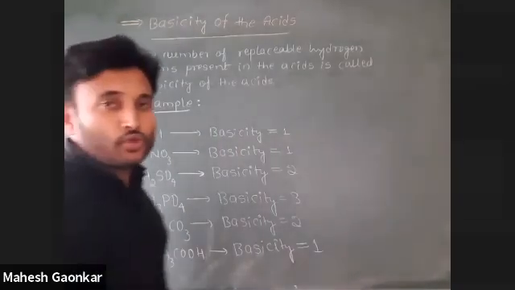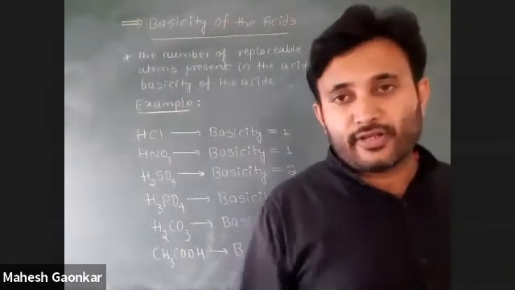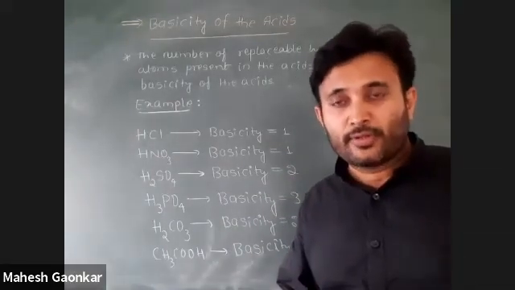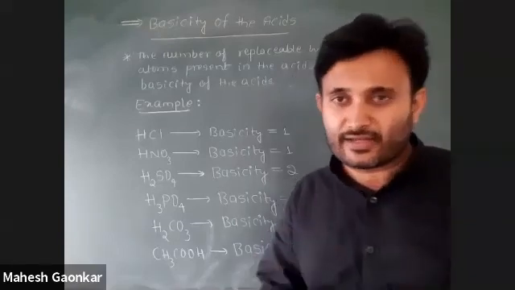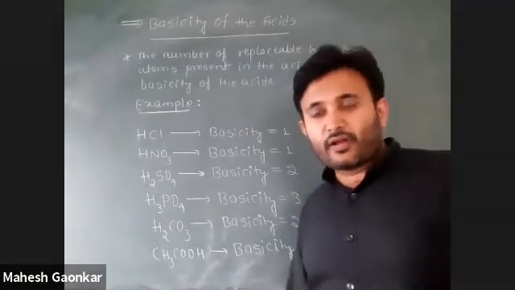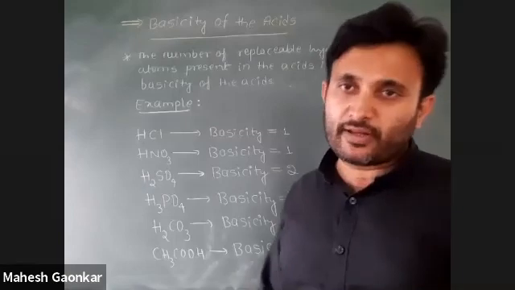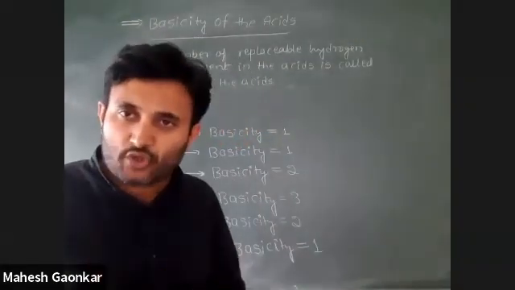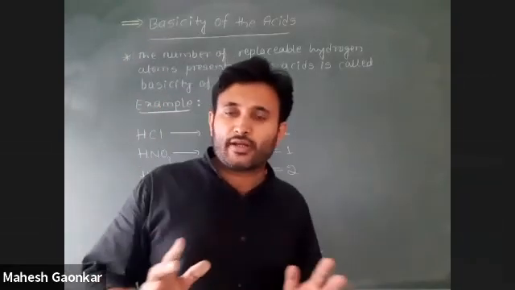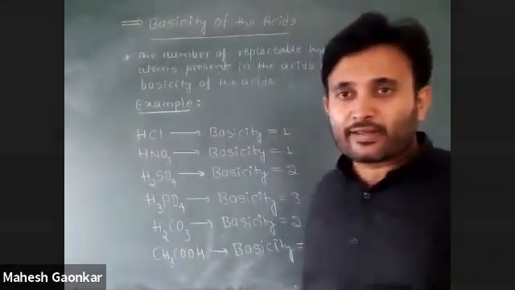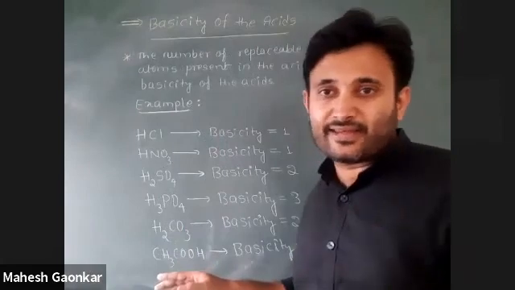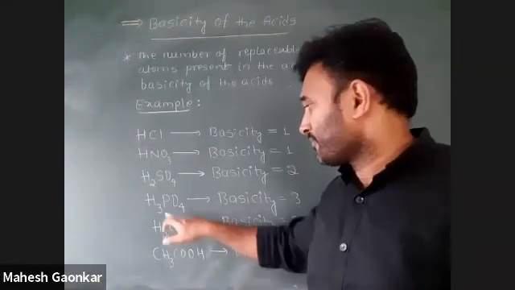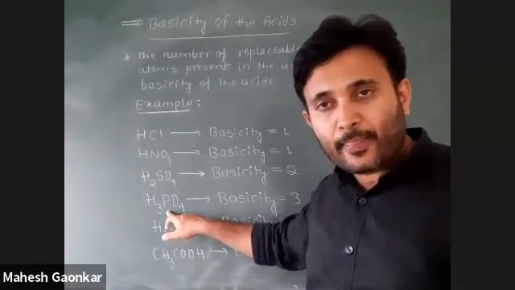Okay. So what is basicity? It is the number of replaceable hydrogen atoms present in the given acid. If there is one replaceable hydrogen atom, then basicity is 1. Two replaceable hydrogen atoms, basicity is 2. Three replaceable hydrogen atoms, basicity is 3. Example for tribasic acid: phosphoric acid.